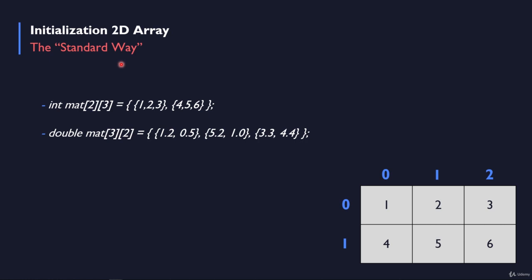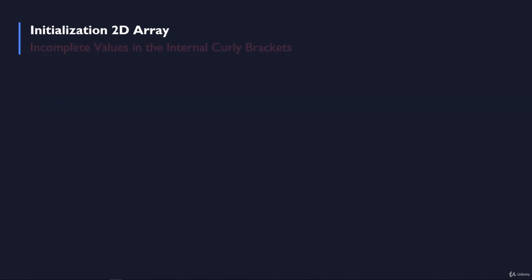Great, and now let's proceed to our second option, okay? This option, I call it incomplete values in the internal curly brackets. In the previous standard way, we defined the exact amount of values for every row in each internal curly bracket. Now I want to talk with you about another type of initialization where we have incomplete internal curly brackets.